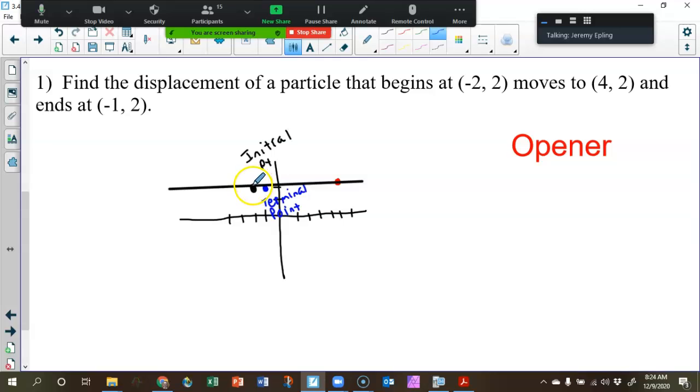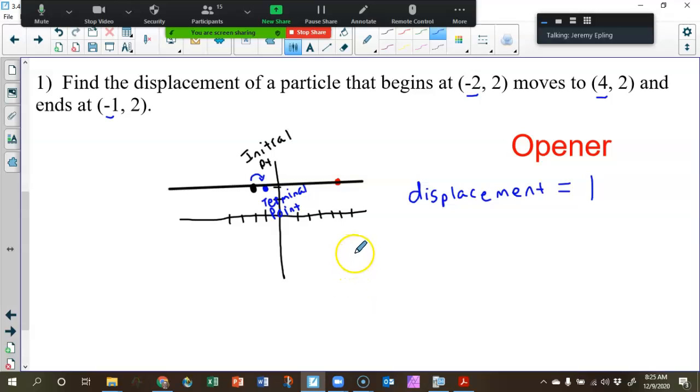And we moved from -2 to -1, really only paying attention to these x values since the y's are all the same. Moving from -2 to -1 is moving 1 unit to the right. So our displacement is positive 1.